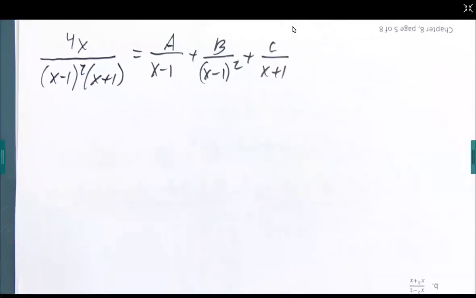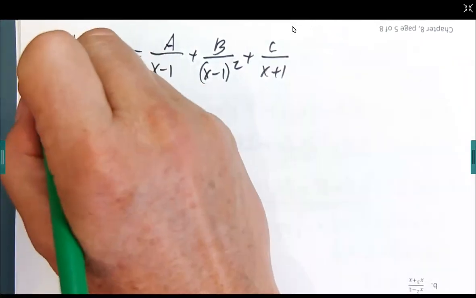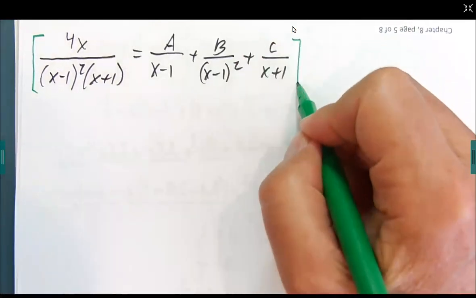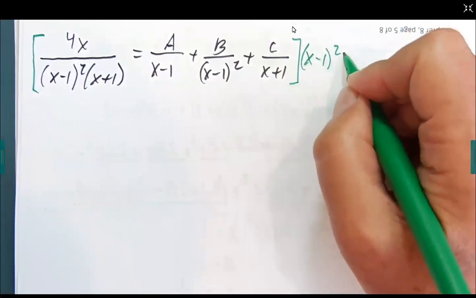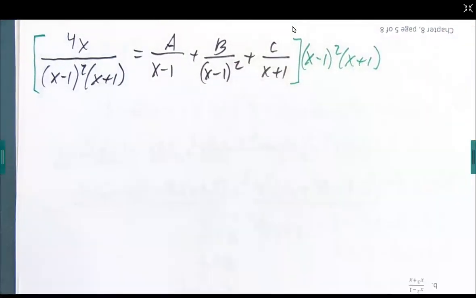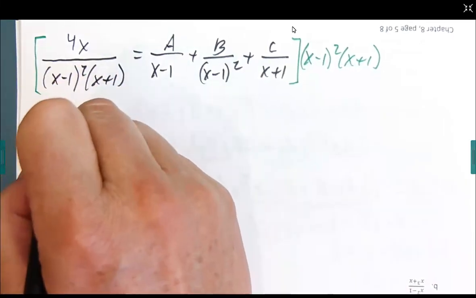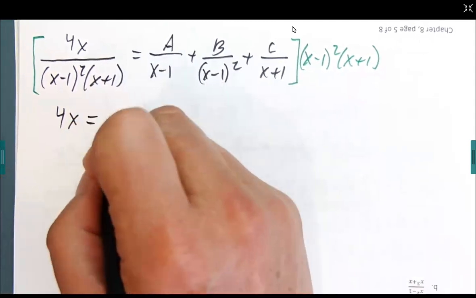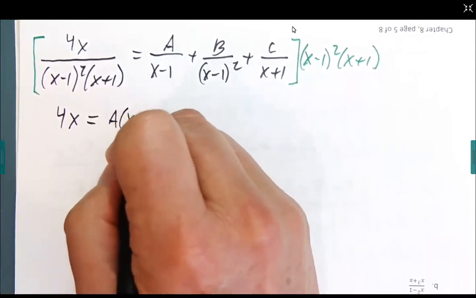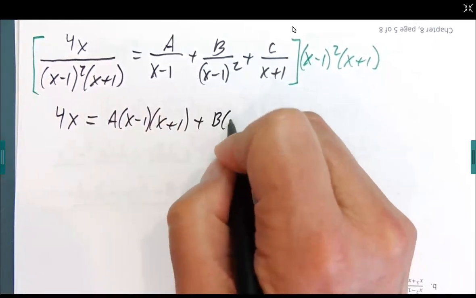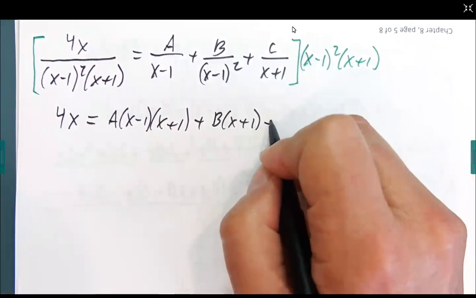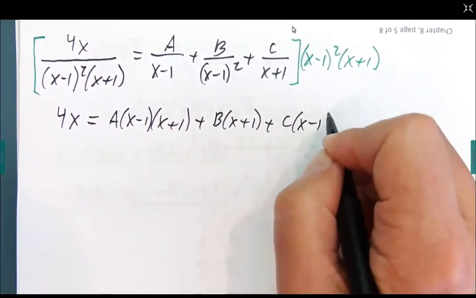And now we're going to do that same thing that we did before. We're going to multiply through by the LCD, and we'll set up a matrix. All right, so that gives us 4x over here equals A times x minus 1, x plus 1, plus B times x plus 1, plus C times x minus 1 squared.